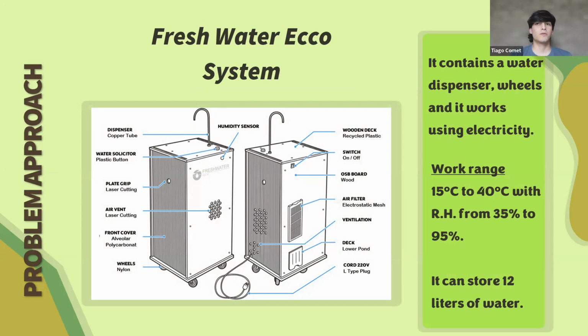It takes 24 hours to produce 5 to 28 liters in an average temperature condition, 28 degrees and 80% relative humidity. The Freshwater Ecosystem only works in a temperature range from 15 to 40 degrees with an air humidity range from 35 to 95%.